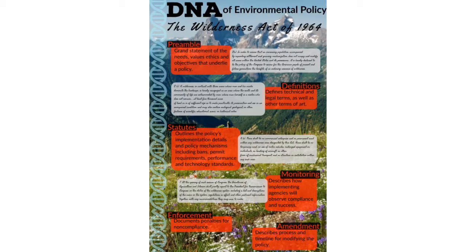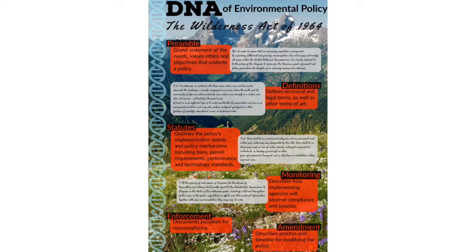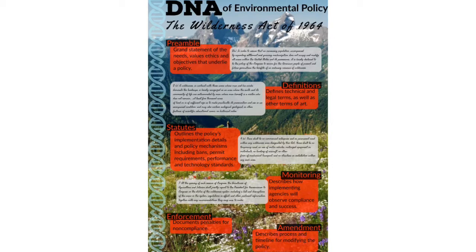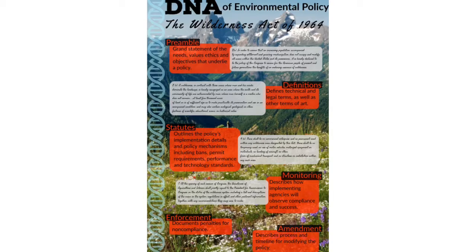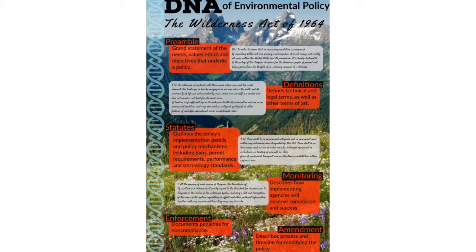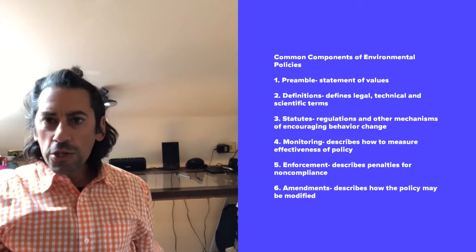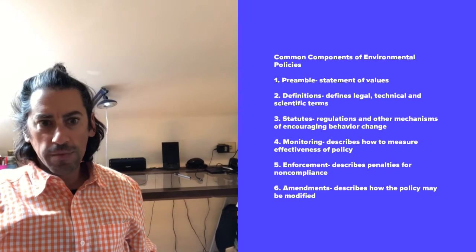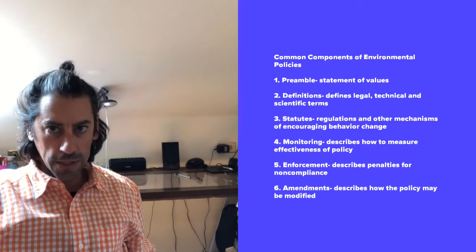This is the infographic that explains the DNA of environmental policy and uses the Wilderness Act of 1964 as its example. You can see the different components of a policy are there in red, and there are some quotations from the Wilderness Act in gray that exemplify those different components. So each of the different policies that we will read this semester, including the Wilderness Act, usually have 6 different components to them.